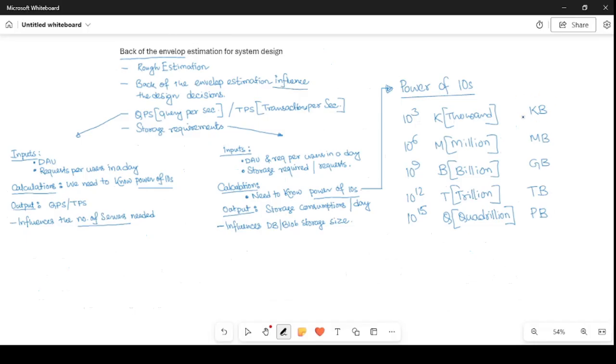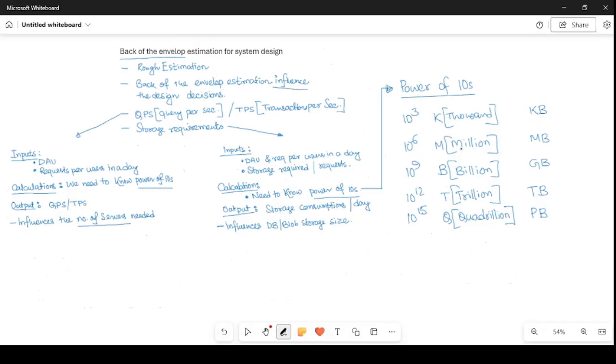The accurate value of KB is 1024 bytes, but here we are assuming it as 1000 because it's a rough estimation. We are not evaluating an accurate estimation here. We don't need to do that. If we do the rough estimation quickly to understand the load of the system, that will be enough for our system design. So 10 to the power 3 is nothing but 1000 and KB.